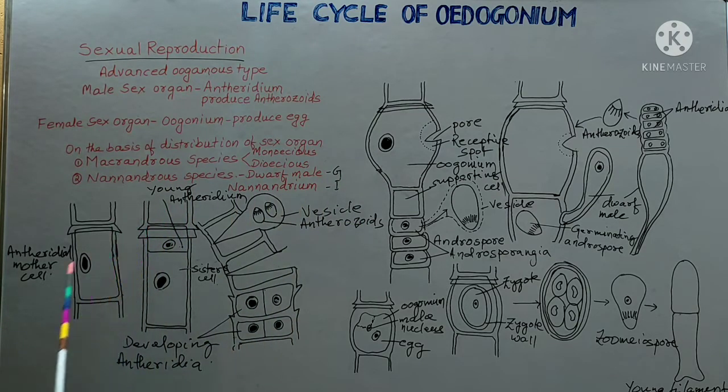So now we will discuss the development of antheridium, oogonium and also androsporangia. So first is the development of antheridium. Any vegetative cell having apical cap can behave as antheridial mother cell. This is the antheridial mother cell.